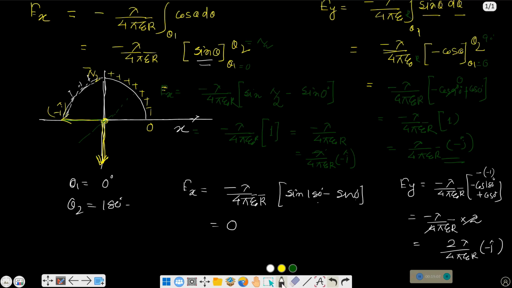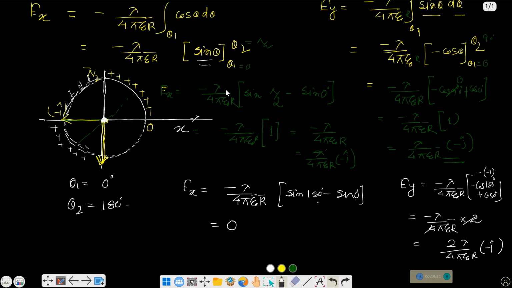Similarly, if you have a system like this, then you can find out the electric field. Let's try it yourself. And if you have the whole circular charged wire, then the electric field at the center will come out to be 0, okay.